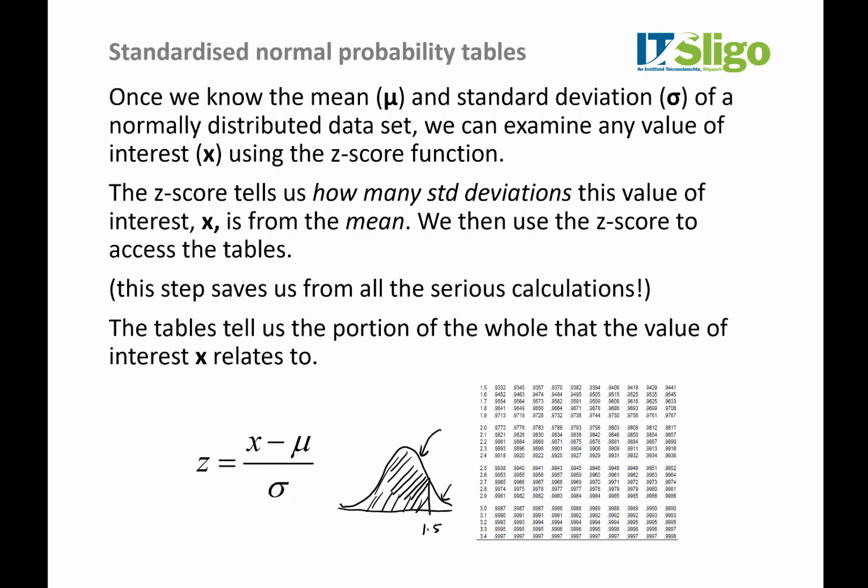The tables will always give you the bigger value. They're always greater than 0.5. A z-score of 0 gives a probability of 0.5, and then as the z-scores go up, this value goes up accordingly. It's a bit tricky, but once we start working through examples, I hope the logic of what I'm saying will make a little more sense.